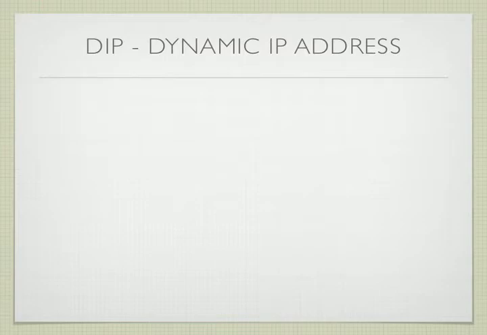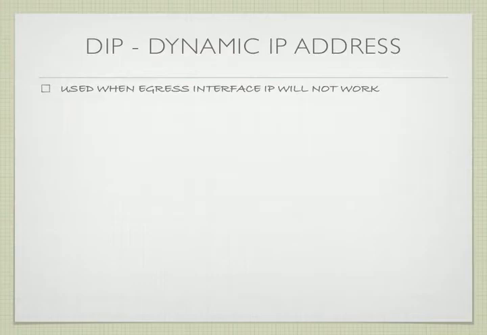A dynamic IP address, a DIP, is used when the egress interface IP is not sufficient for your source translation. You can always select in your policy the egress interface IP address to be the IP address of the source. So whenever that's possible and appropriate, you can use that.